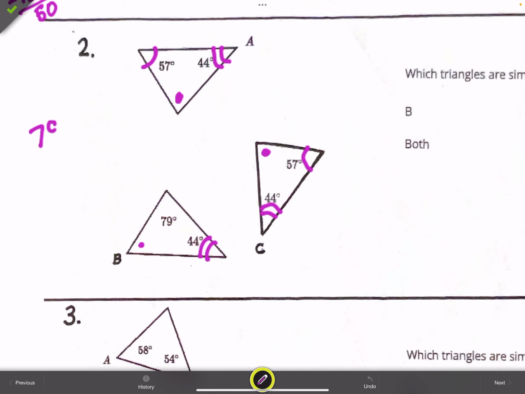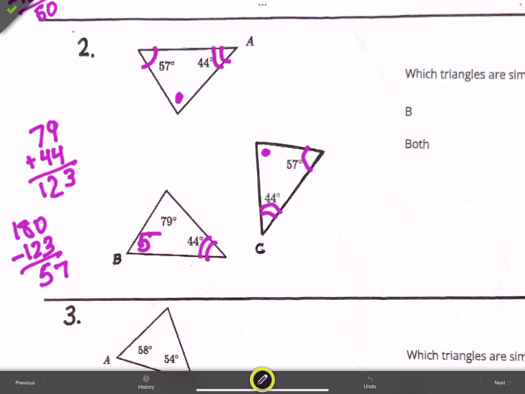So we're going to add 79 and 44. Okay, that gives me 123. Then we're going to subtract that from 180 and see what I have left. So that would give me 57. So I'm going to put that on my picture.